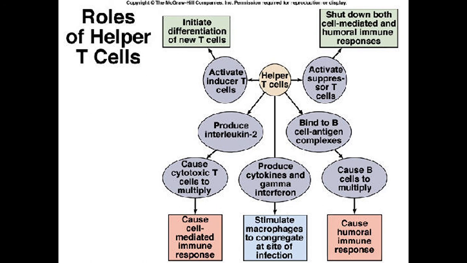The helper T cells could produce interleukin-2 that causes the production of cytotoxic T cells and causes cell-mediated immune response. It could produce cytokines and gamma interferon that will stimulate macrophages to congregate at the site of infection, or it can bind to B cell antigen complexes that will stimulate the production of B cells and cause humoral immune response.